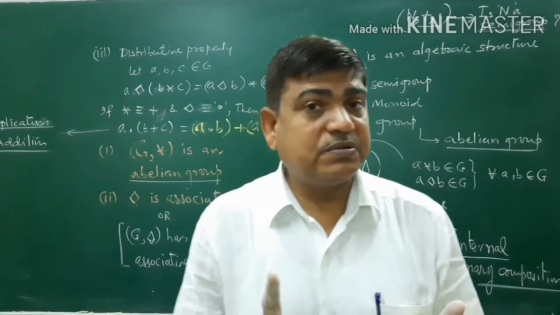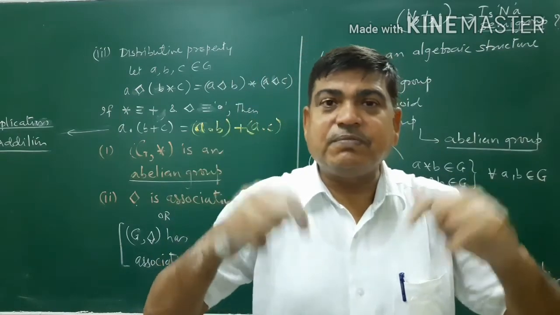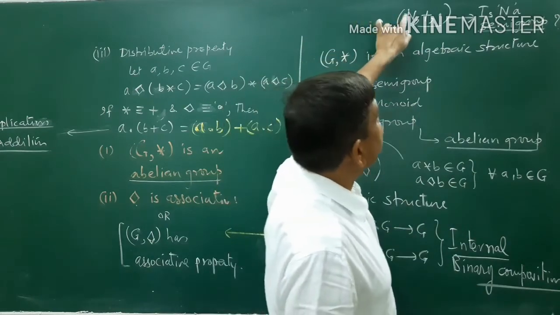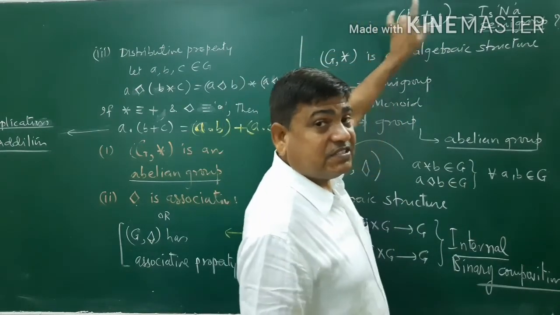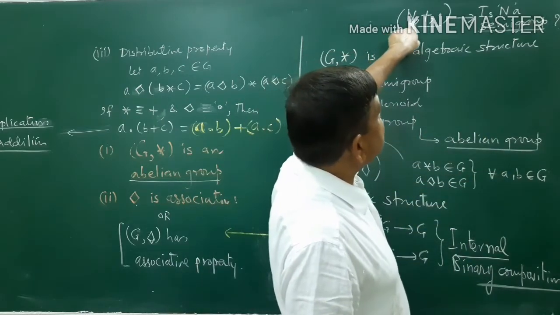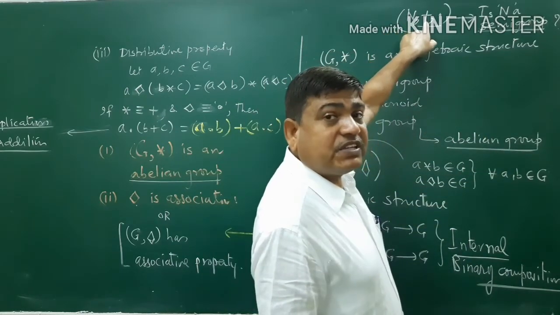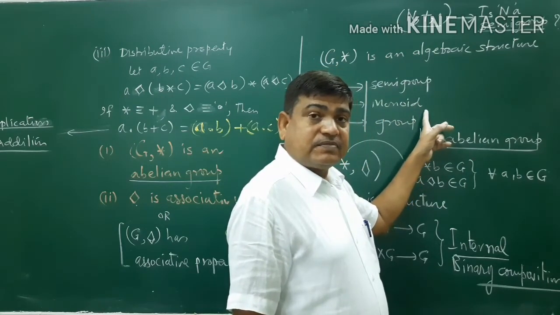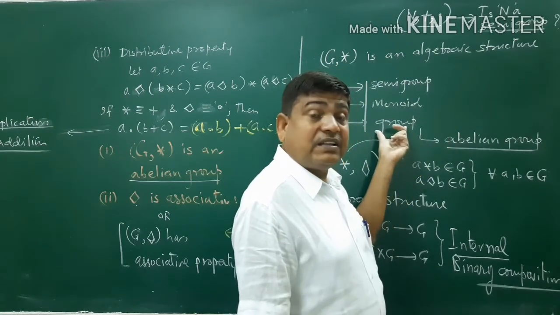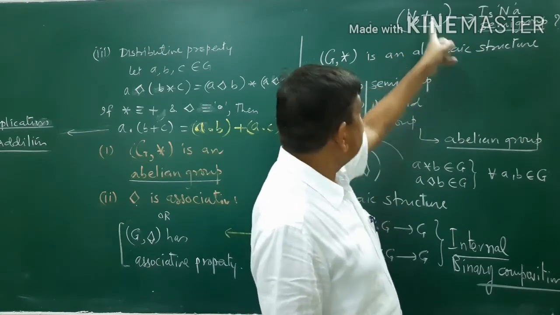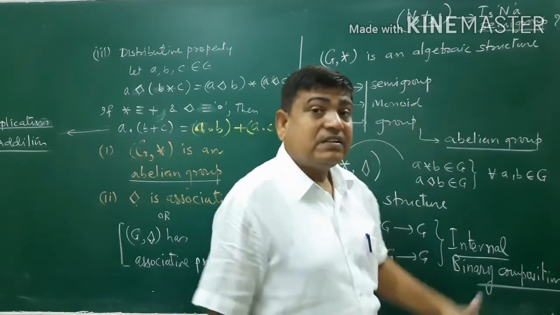So 0 has this type of property, but unfortunately 0 is not a member of N. This is not a natural number. So N with this operation is not a monoid. It is definitely not a group. So N with plus is only a semigroup.